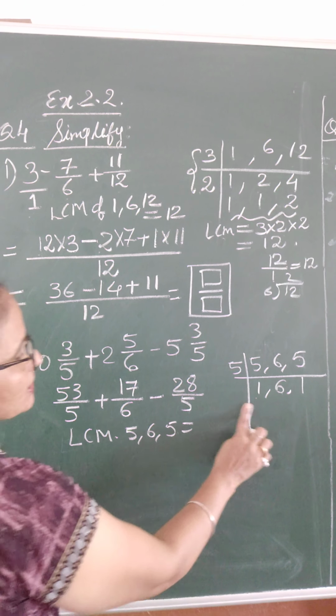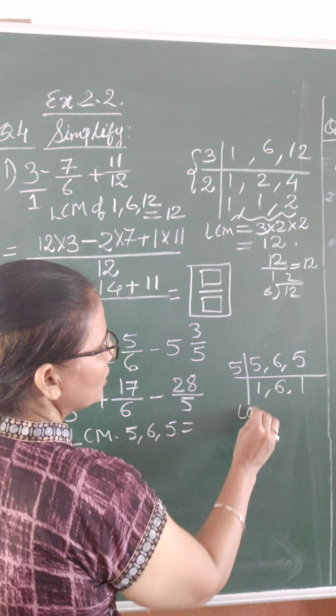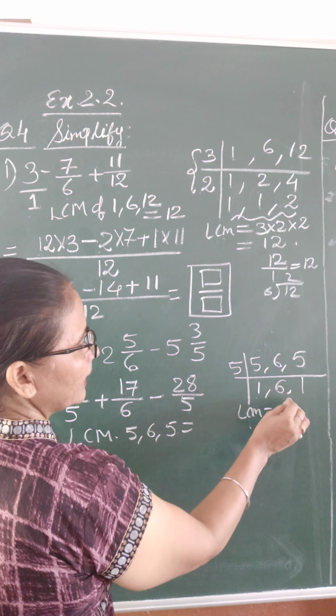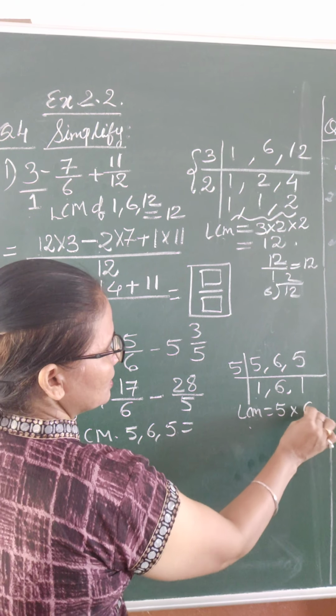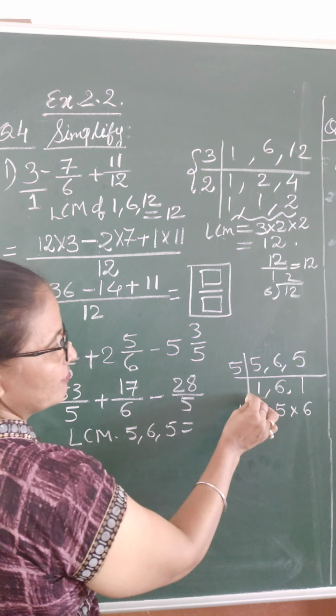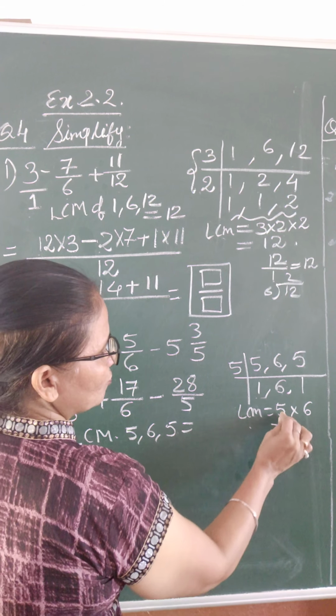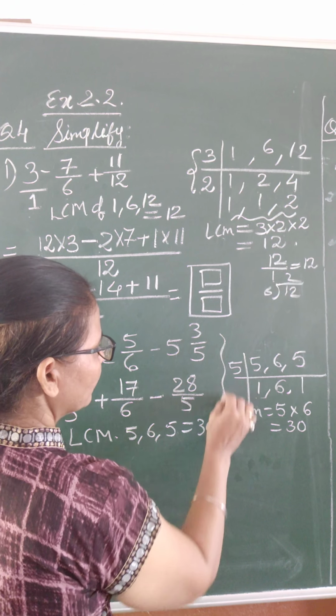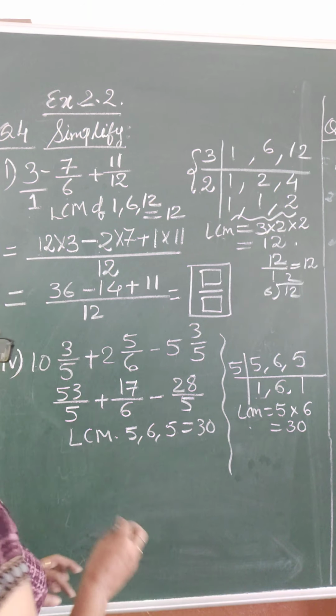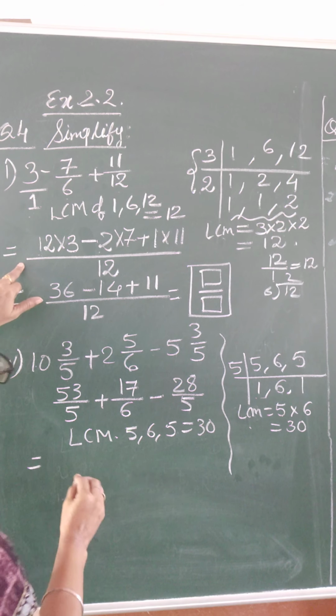No. So what is your LCM? LCM means the product of common and uncommon factors. What is common? 5. And what is uncommon? 6. Whatever the last line factors are, you have to write all of them. So 5 6s are 30. So your LCM is 30. And in the same way you will proceed like this.